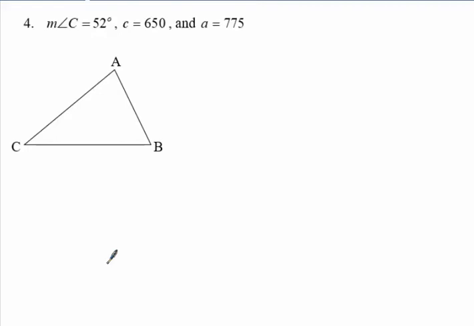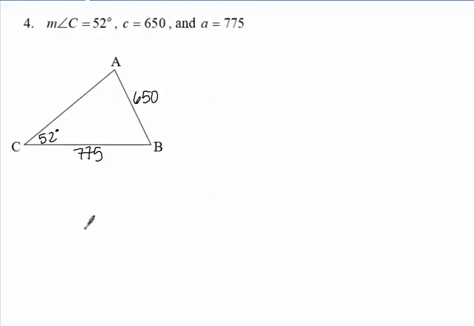Our last possible scenario tells us that the measure of angle C is 52 degrees, side C is 650, and side A is 775.